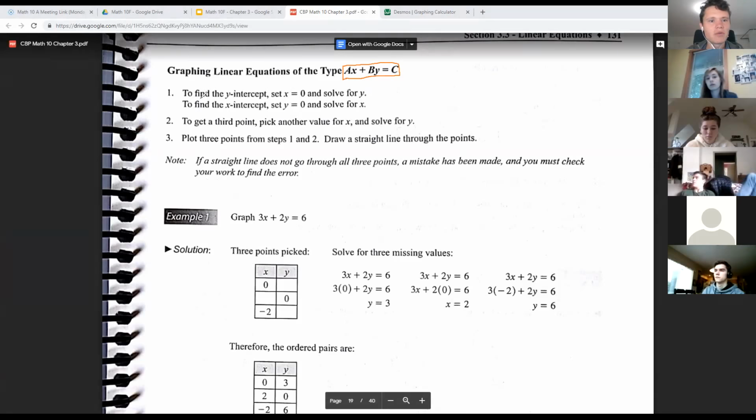We can start with a couple of really nice first numbers. So we're going to find the y-intercept with x equals 0, and we're going to find the x-intercept when y equals 0. If we imagine that we have some linear equation, it's intersecting the x and y axes at these 2 points.